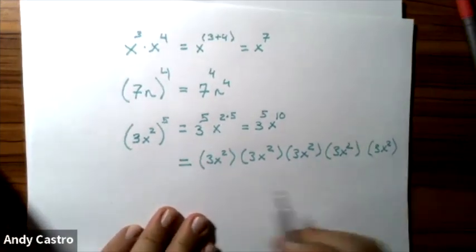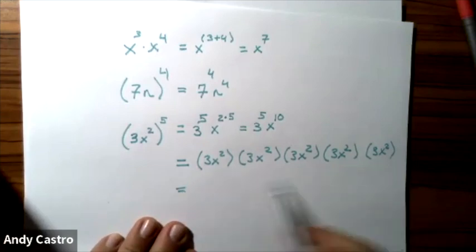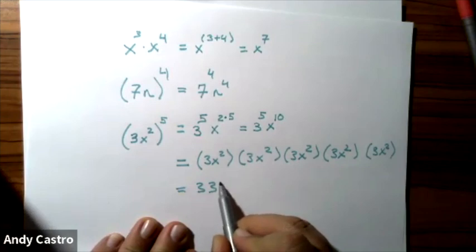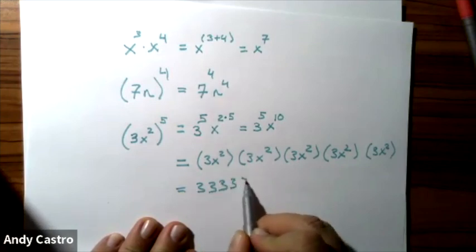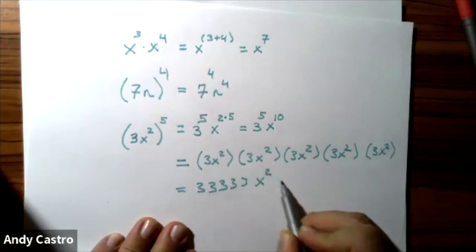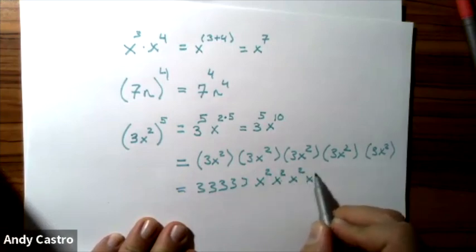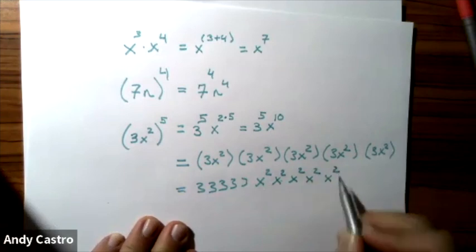You can see quite easily, once you drop all the parentheses and group everything together, that you have 5 3's, and then you have 5 x squareds.